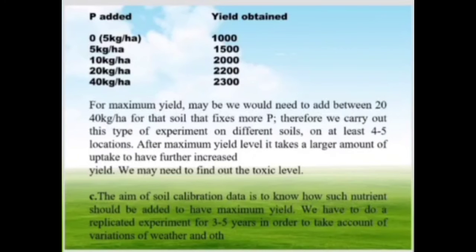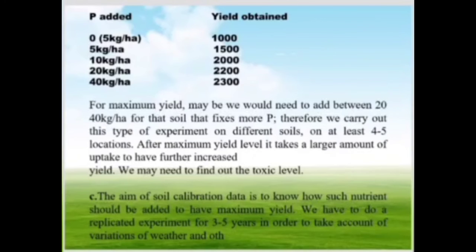For maximum yield, we may need to add between 20 to 40 kg for that soil that fixes more P. Therefore, we carry out this type of experiment on different soils at least 4 to 5 locations.